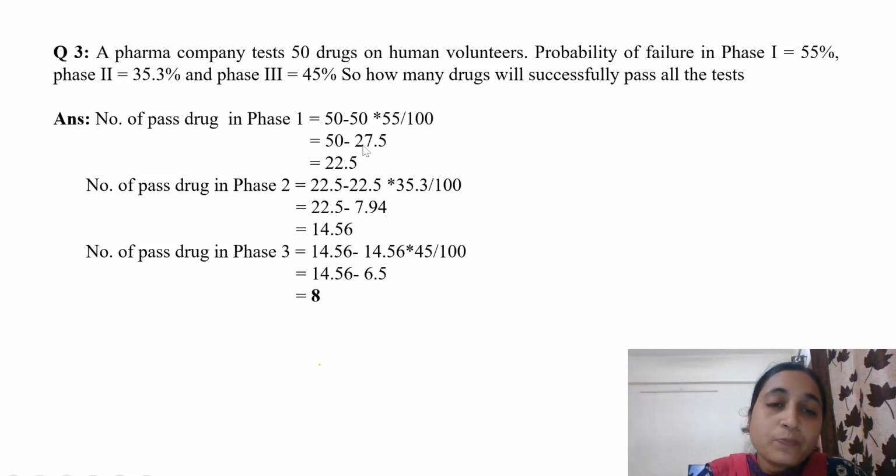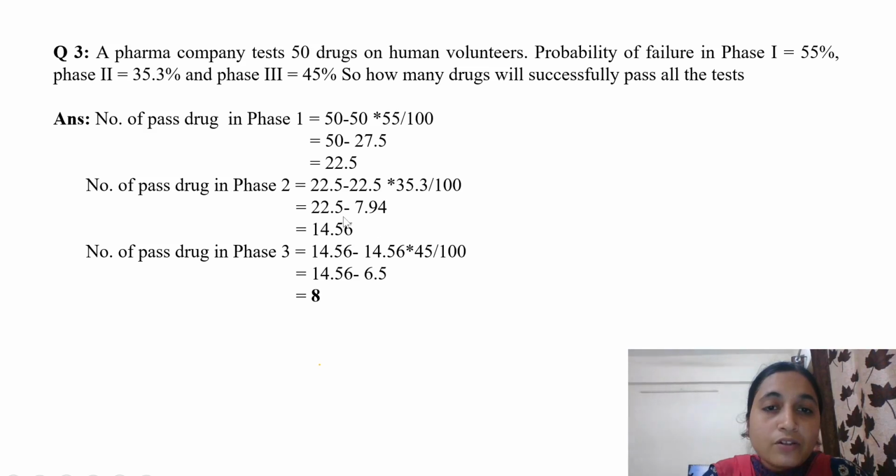The drugs which passed phase 1, only those will go to phase 2 now. So this many drugs we will take in phase 2, and again it's telling the probability of failure in phase 2 is 35.3%. So again 22.5 minus 22.5 into 35.3 upon 100.